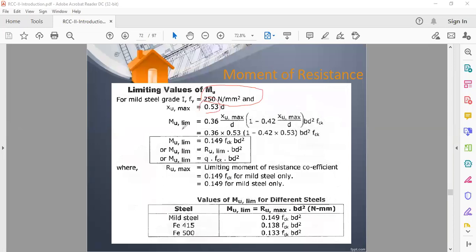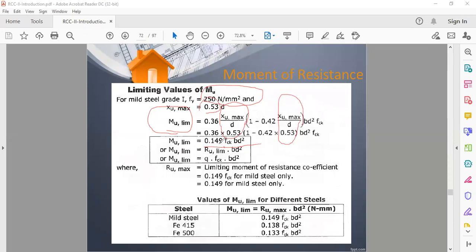If we look at this Mu limiting value for mild steel, just put there Xu max by D, that is 0.53. In that case, you will get Mu limiting value as 0.149 fck b d square.